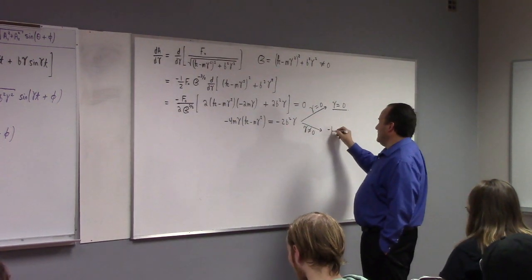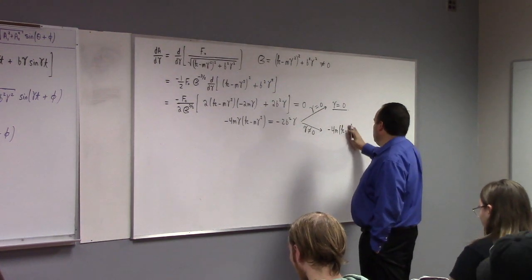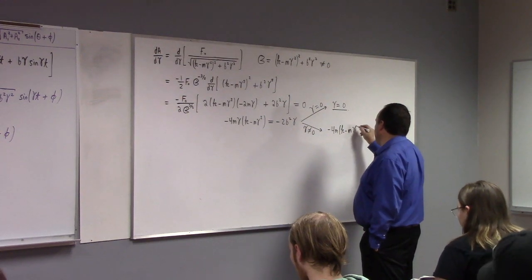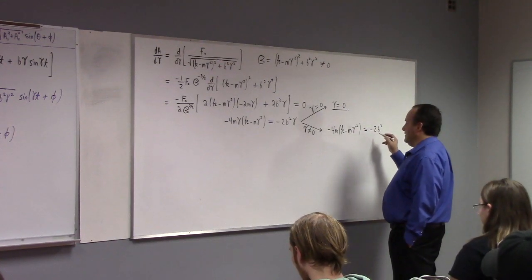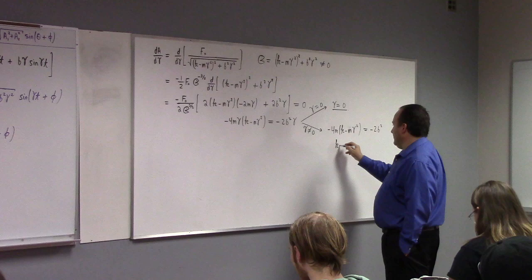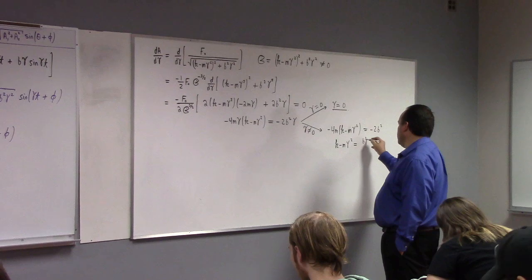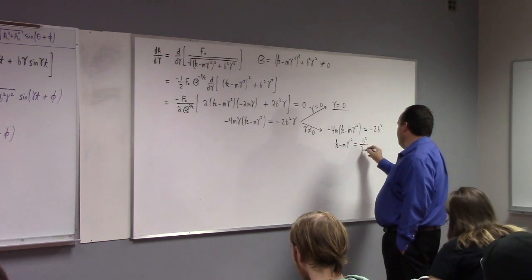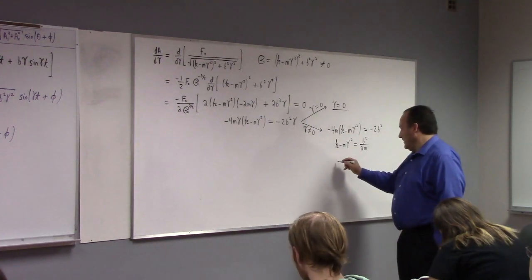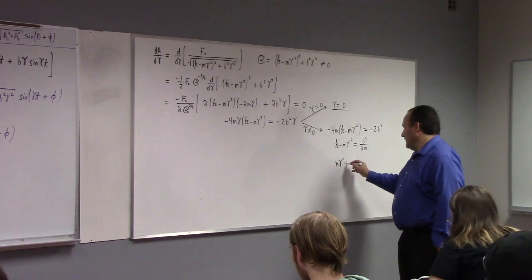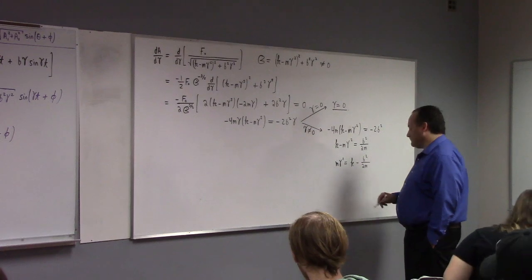When we divide by gamma, we get minus 4m times (k minus m gamma squared) equal to minus 2b squared. This gives me k minus m gamma squared is equal to b squared over 2m by algebra, which gives me m gamma squared is equal to k minus b squared over 2m.